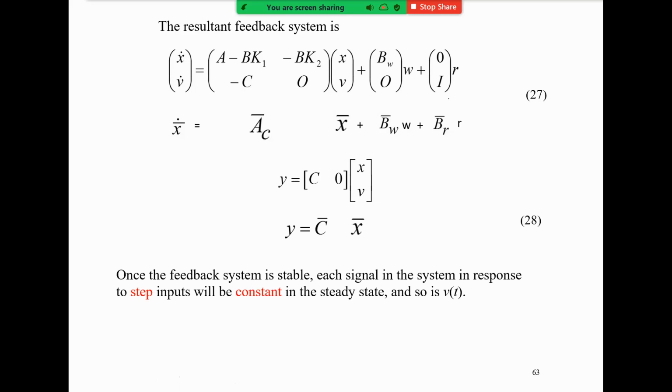As long as we have a stable system, and then there are some input signals, either a disturbance W, or R which is also some constant. There are constant inputs affecting the system, but the whole system is stable. So therefore, at the steady state, eventually when everything settles down, all the signals will go to some constants.